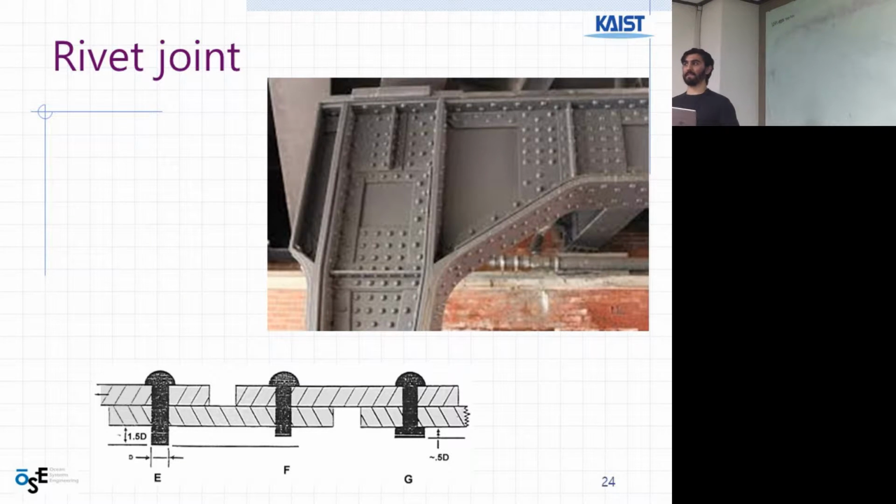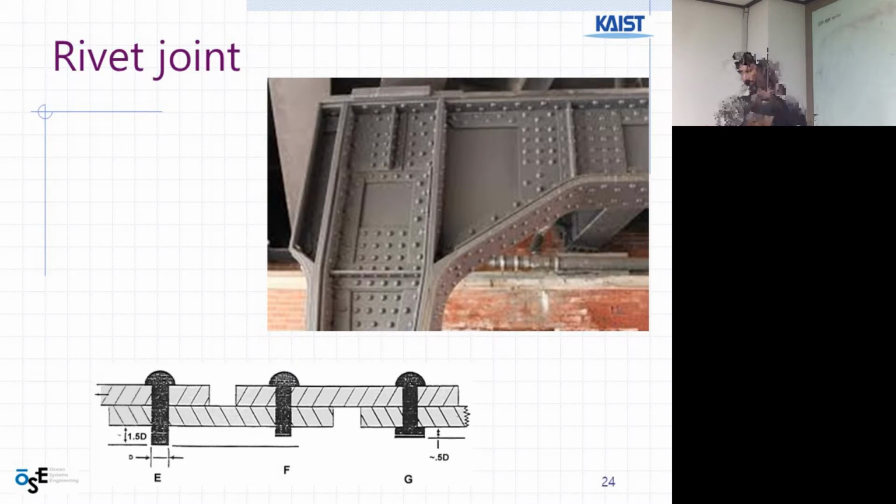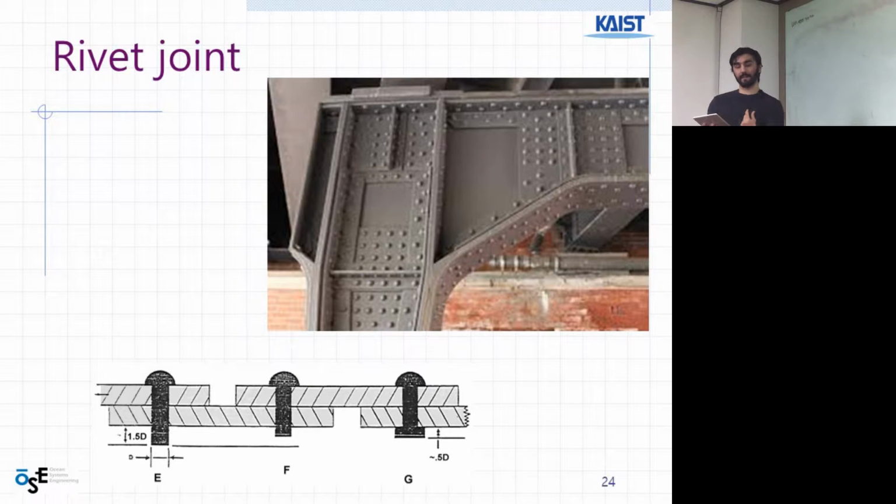To differentiate between the two heads, the original head is called the factory head, and the newly formed head is called the shop head. Because there are effectively two heads, rivets can support tension loads, but the most common purpose of rivets is to support shear loadings.